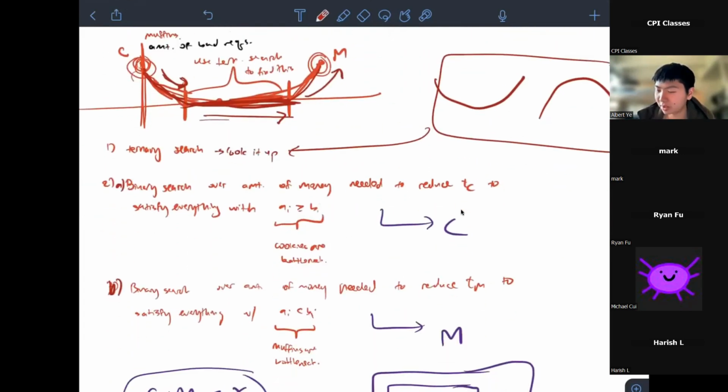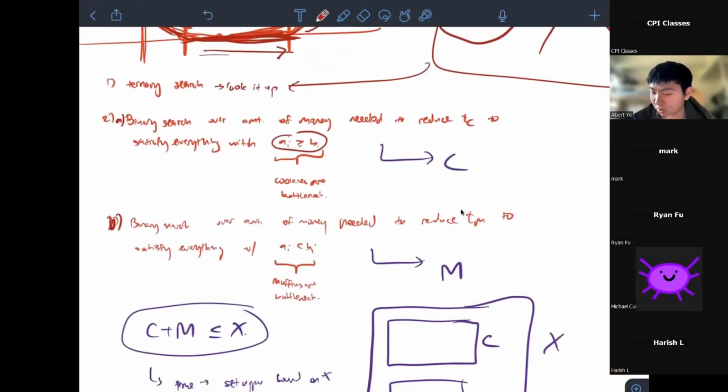The better way to do this is with two passes of binary search. The first way is you binary search over the amount of money needed to reduce TC to satisfy everything with AI greater than BI. So here we're either bottlenecked by cookies or by muffins. In the cases where AI is greater, then cookies are the bottleneck. And in all other cases, muffins are the bottleneck.